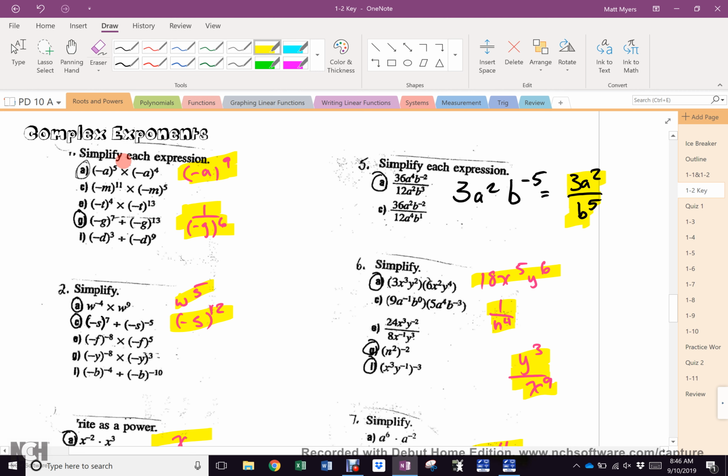But that's an old line. So yeah, if you saw that as a negative 13, then this would indeed be negative G to the 20th.